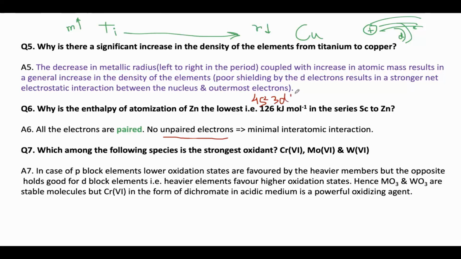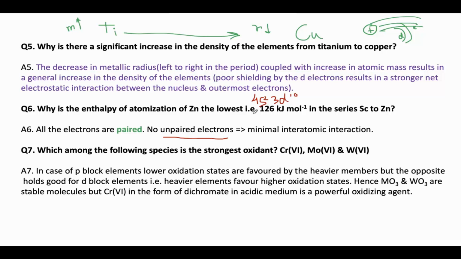So if the configuration is 3d10, all the electrons are paired up, and there is no unpaired electron, so there is very little interatomic interaction. If the number of unpaired electrons is more, the interatomic interaction is more, and the more the interatomic interaction, the more the enthalpy of atomization.